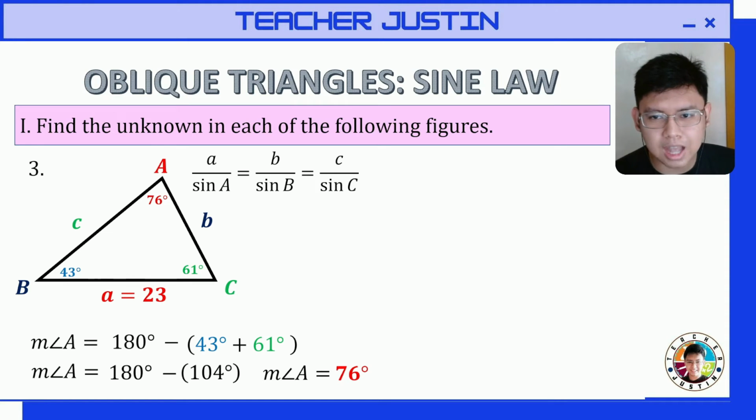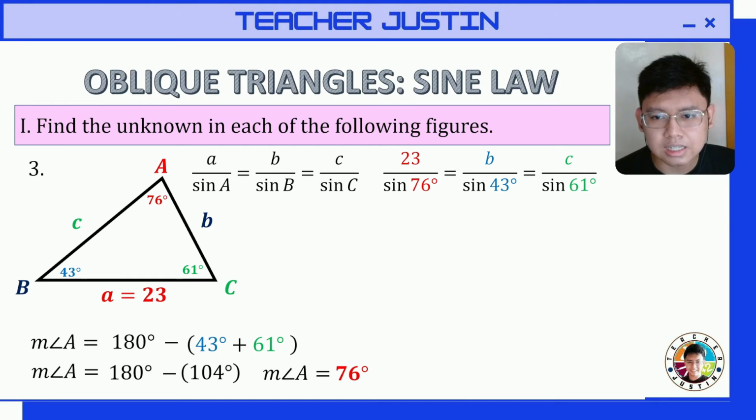Now, let's substitute our given. We have 23 over sine 76 degrees is equal to B over sine 43 degrees is equal to C over sine 61 degrees. Now, hanap tayo ng kompletong fraction natin. Ibig sabihin, merong value yung numerator at denominator. So, in this equation, ang complete fraction natin is si 23 over sine 76 degrees.